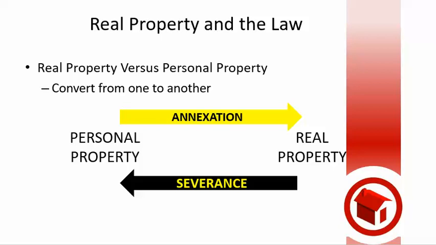Screw them, rose bush goes with me. All right? Rose bush would typically be real property, right? But we had to sever it by making it personal. We did that when I listed the house. I put rose bush on southeast corner will go with seller.